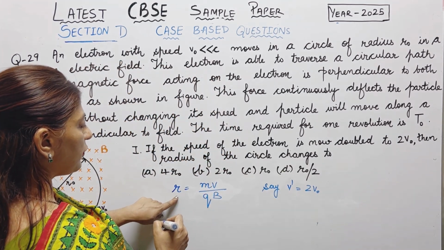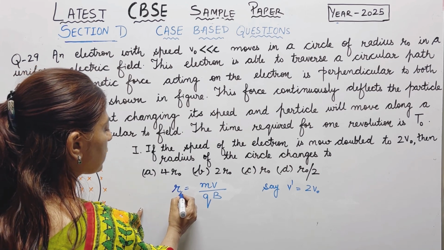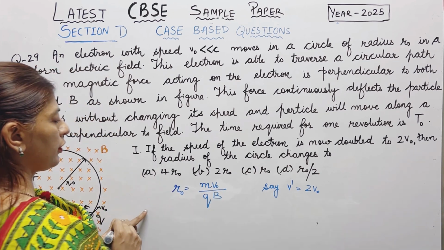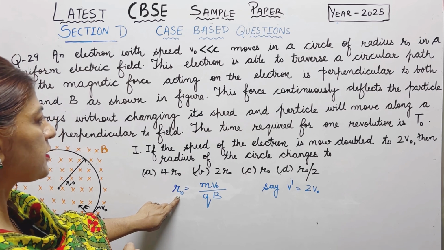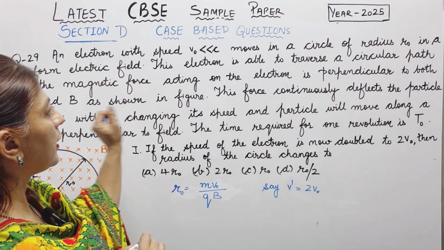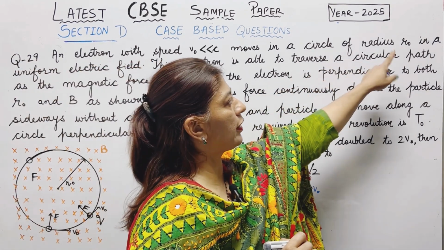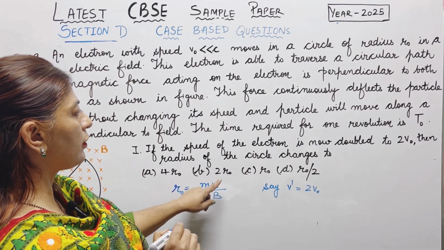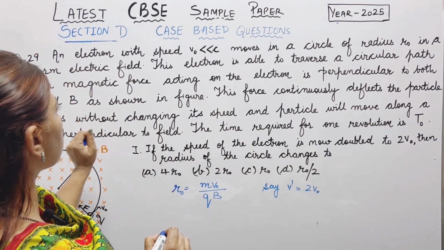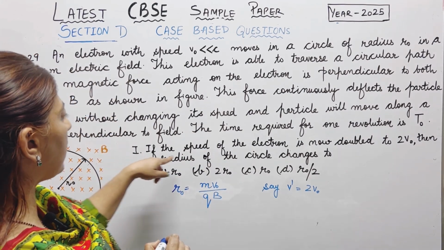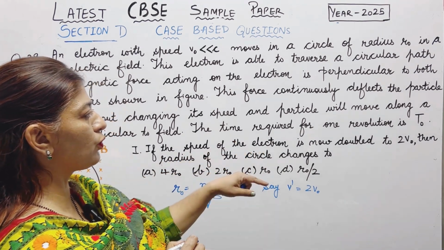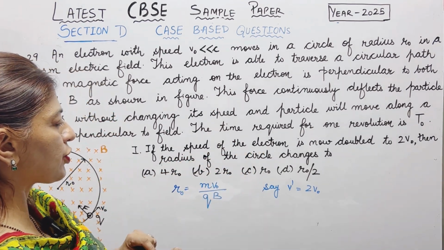So we have in this formula the basic one, r naught and v naught. This is the radius that has been mentioned to us, the circle of radius r naught, and v naught is the velocity with which it is moving along the path, and the speed of the electron is now doubled to 2v naught. So v naught is the initial one.